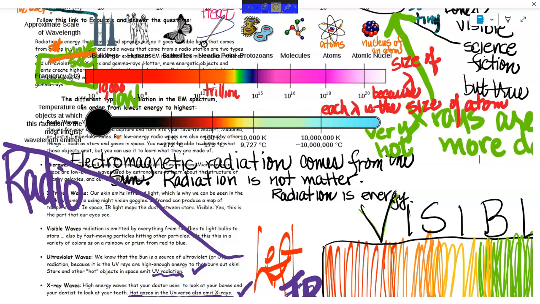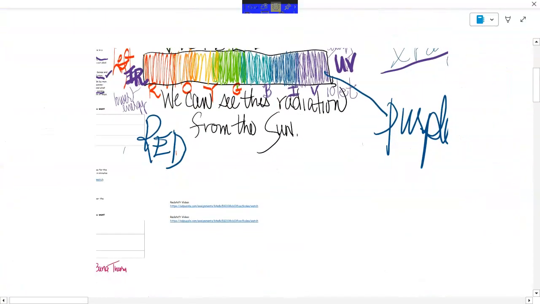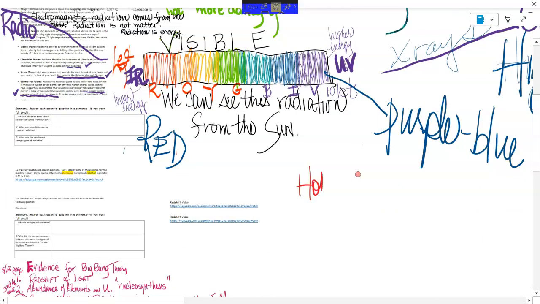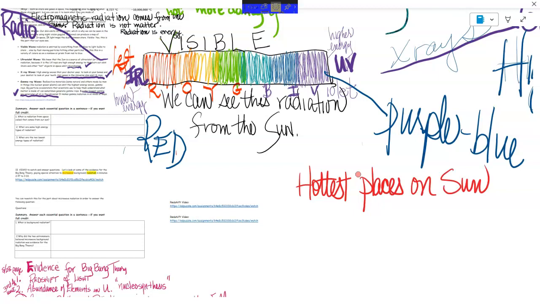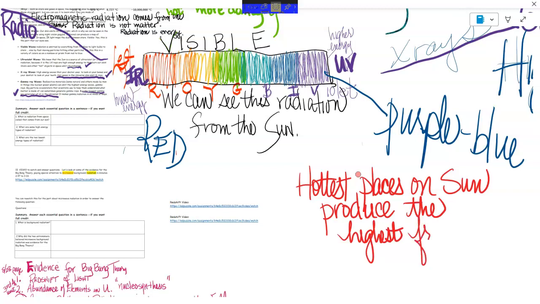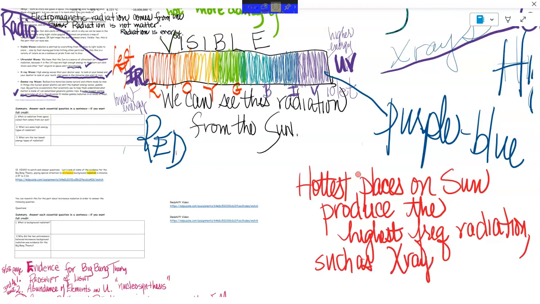So the hottest places on the sun produce the highest frequency radiation, such as X-rays and gamma rays.